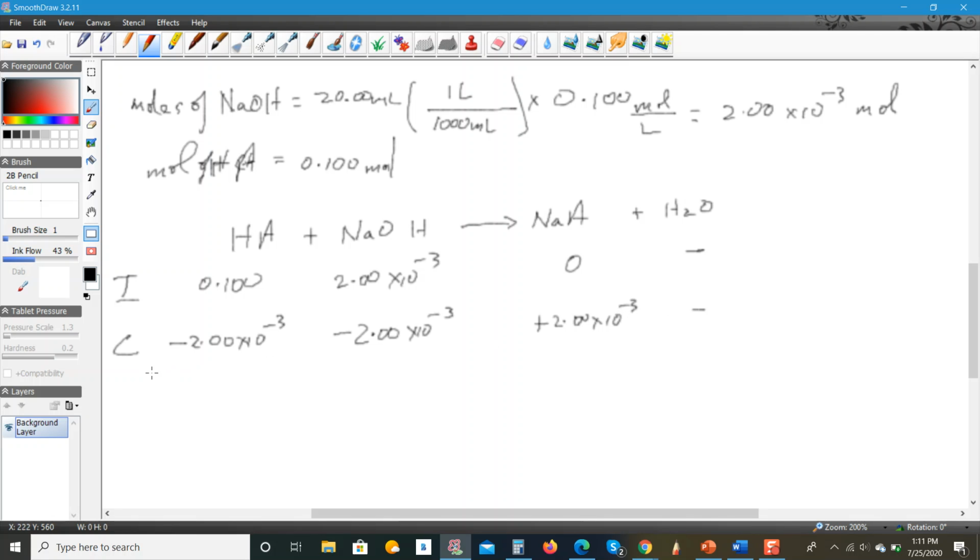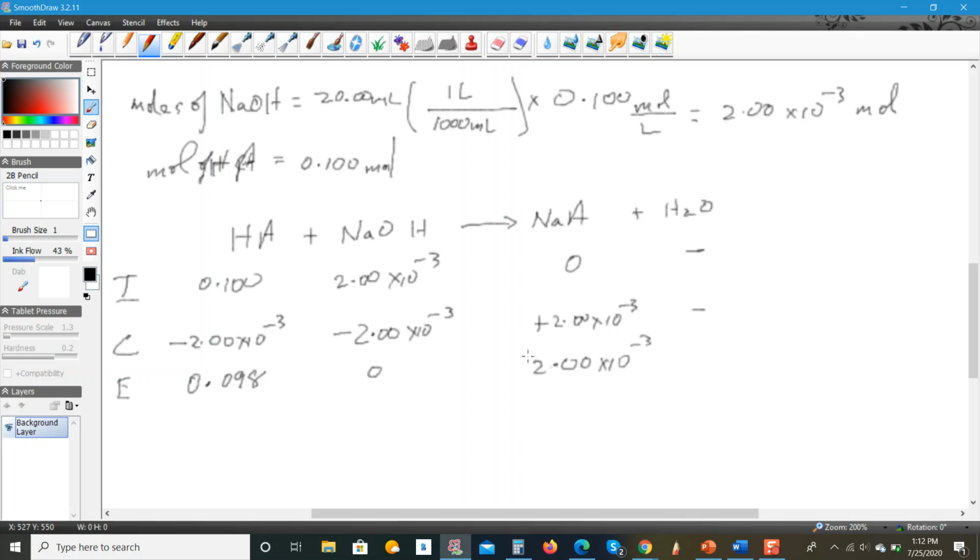Again, we don't need to worry about the water. And then we find out what are the amounts at the end of the reaction. According to my calculations here, the answer would be 0.098. This would be 0, and this would be 2.00 times 10 to the minus 3.